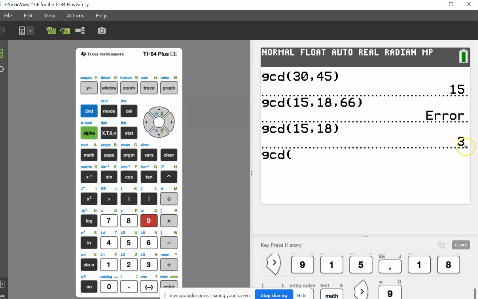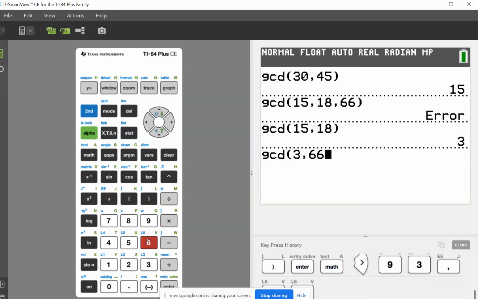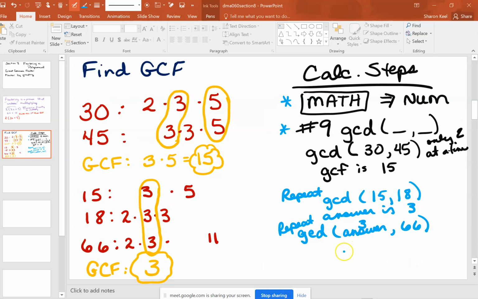Let's use this answer 3 that we just got, comma, and then our third number was 66. And close your parenthesis. And after that, I'm just pressing enter for it to process. So for this one, the greatest common factor would be a 3. So when they give me 3 again, that's going to be the GCF for all three numbers. For this one, the numbers we had were, let me make note, 15. Oh, it was here on the side, 15, 18, and 66.